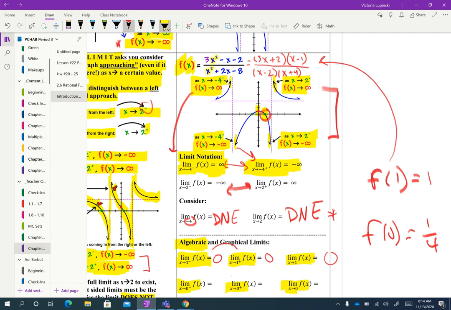So notice that that's a y value of 1/4. So as we approach that y-intercept from the left, I think you would agree that it's heading towards the value of 1/4. You would probably concur that as we're going from the right, you're going to get the same 1/4. Then because these two things are the same, you can say the full limit exists also at 1/4.